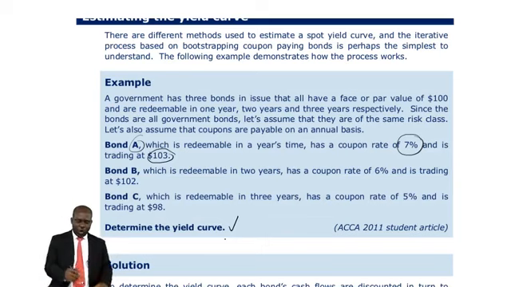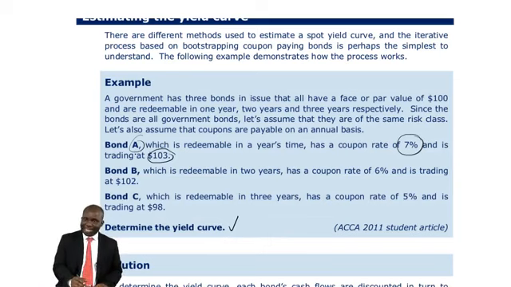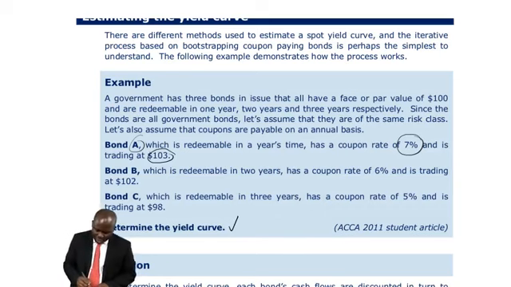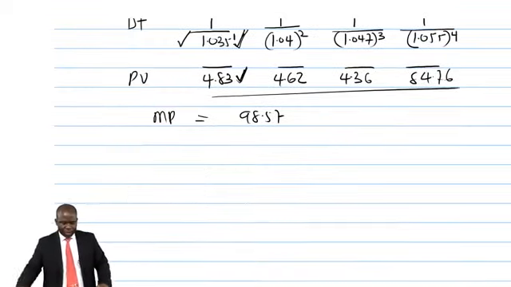The value of bond A will be calculated as the present value of the cash flows that go with it. So when I go to bond A, how many years are we going? The question says bond A is going for only 1 year. What will be the cash flow?